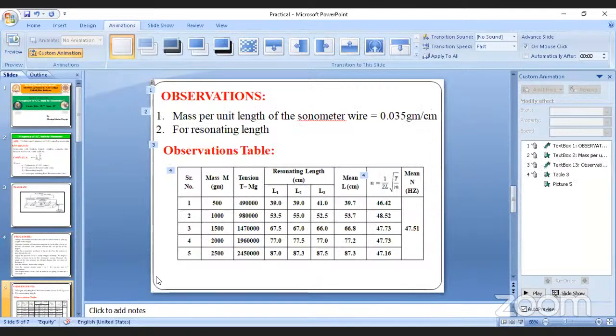Here in the observation we calculate the resonating length. Firstly, mass per unit length of the sonometer wire is 0.035 gram per centimeter. Now the observation table: we take the readings, mass is 500, then calculate the tensions, then resonating length, then calculate mean, and the frequency is here.